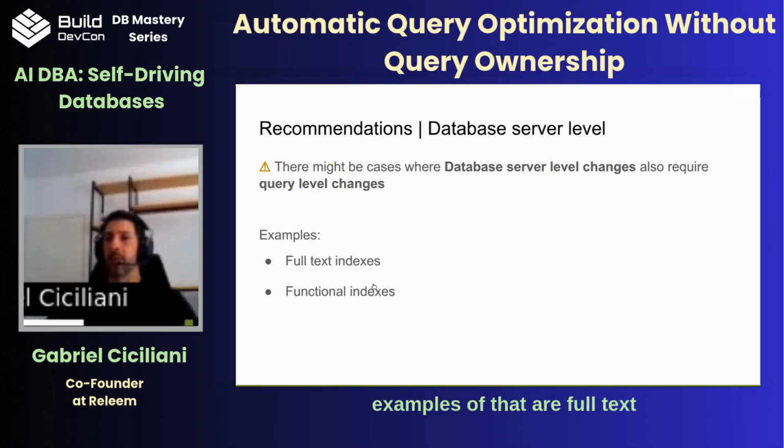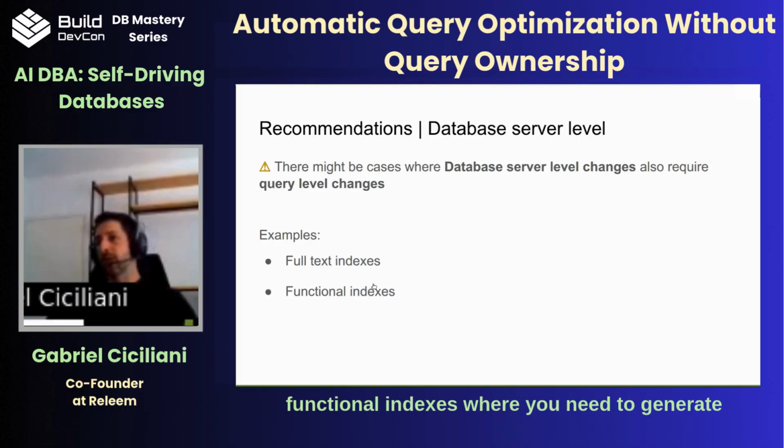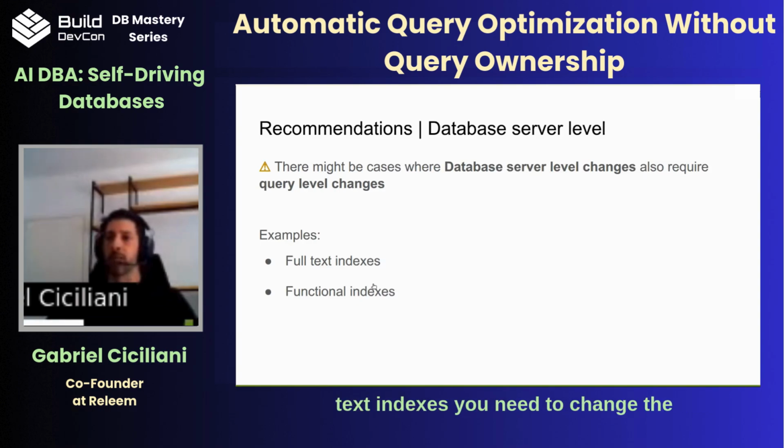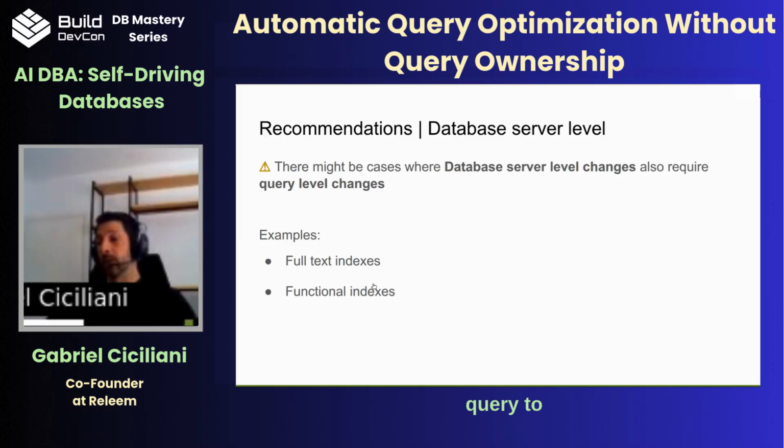Examples of that are full text indexes, and also functional indexes, where you need to generate the index on the database server, but then you need to change the query. For example, with full text indexes, you need to change the query to use full text syntax, right? Just creating the full text index is not enough.